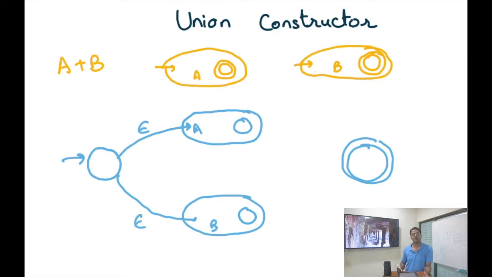So we can non-deterministically go into either of the NFAs, and if either of those NFAs accepts, then we are also going to accept. And to represent that, I'm just going to draw epsilon edges from their accepting states to the larger final accepting state. Okay, and so this particular NFA represents the NFA for A plus B given individual NFAs of A and B.